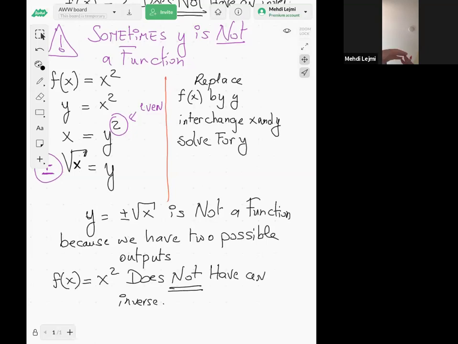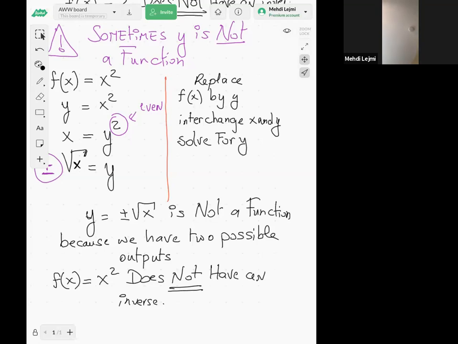The idea is that not all functions have an inverse. Some functions have an inverse, some don't, because of this last step when you have to solve for y, sometimes it doesn't work.